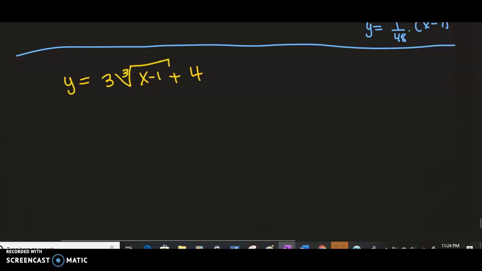So, first things first, switch x and y, and now solve for y. So x minus 4.